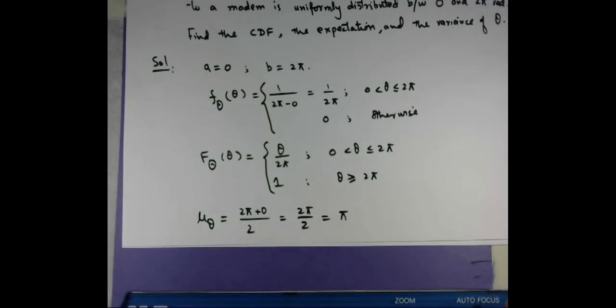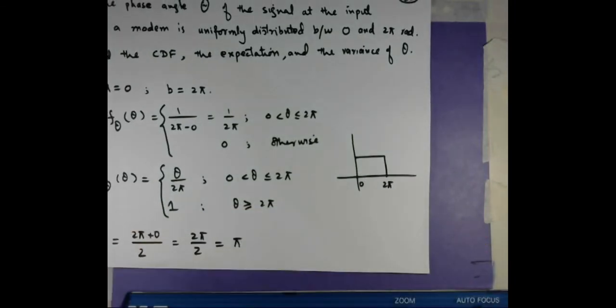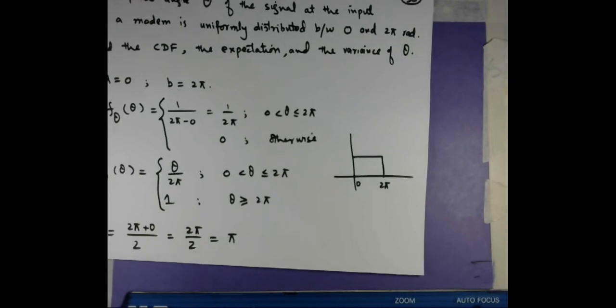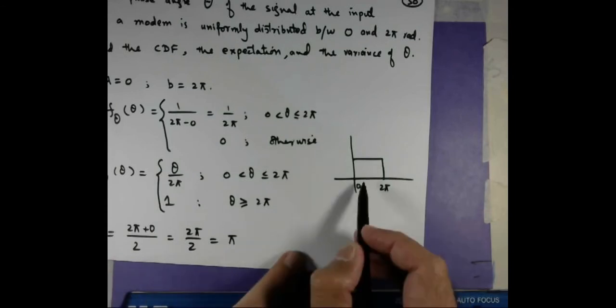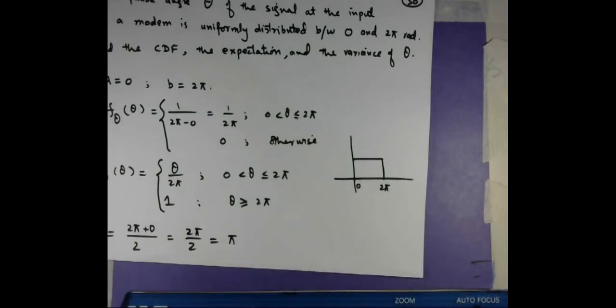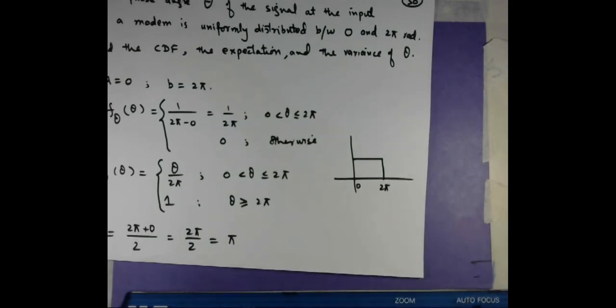And this is now so simple. You see, if you have this 0 to 2 pi interval with the same probability, with total probability 1, and you want to find the expected value or the average value within this range, you know that the expectation is the balancing point in a distribution.